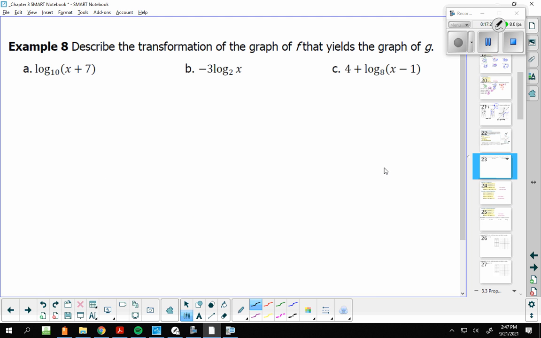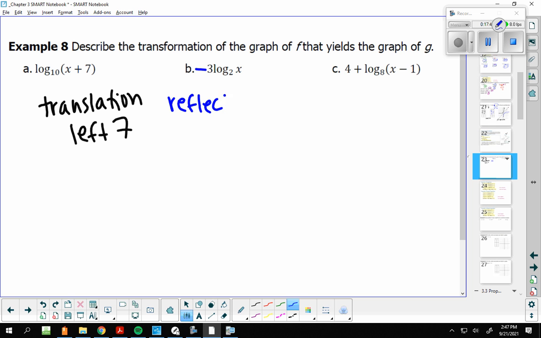Describe the transformation of the graph of f that yields a graph of g. No different than any other transformations we've been doing. So x plus 7, that's going to be a translation to the left 7. The negative is going to be a reflection in the x-axis.